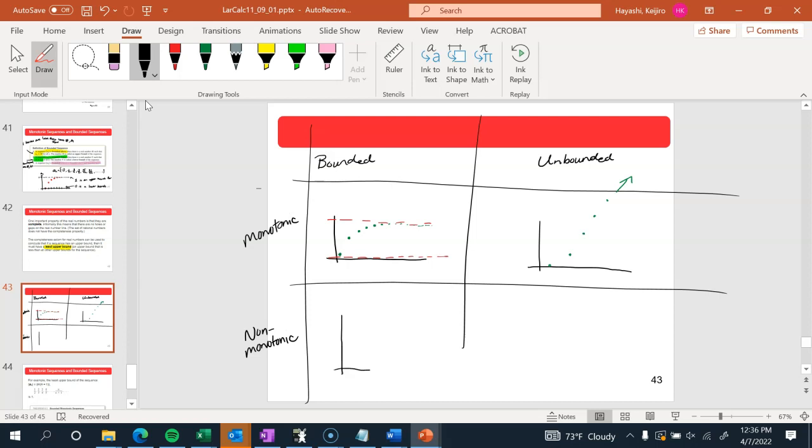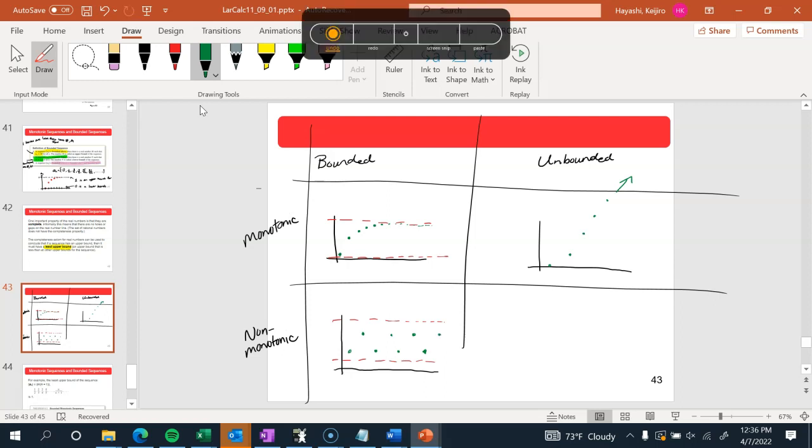You can have a sequence that's bounded and yet non-monotonic. That is to say, it goes up and down while being bounded. That would be a sequence kind of like our 2, 4, 2, 4. It never goes past these bounds, but it just continually goes up and down in between these bounds.